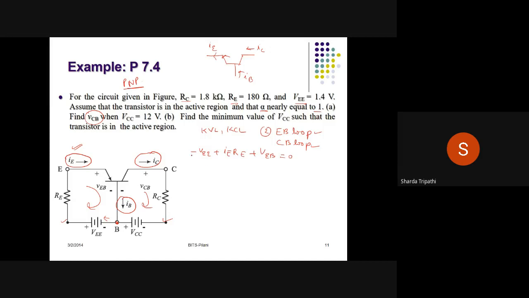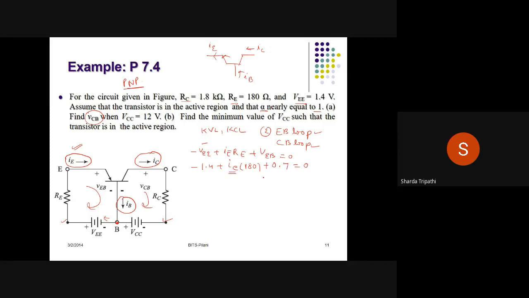So what is unknown and what is known over here? VEE is already given. This is minus 1.4. IE is something that I don't know. RE is given as 180. And what about VEB? VEB is not given in the question, but we know that VEB will always be equal to 0.7 volts because the emitter base junction is forward biased.